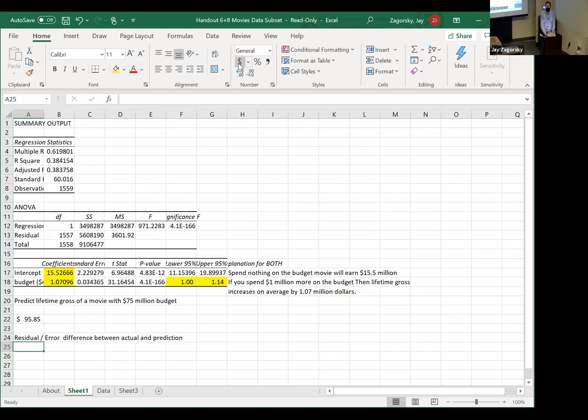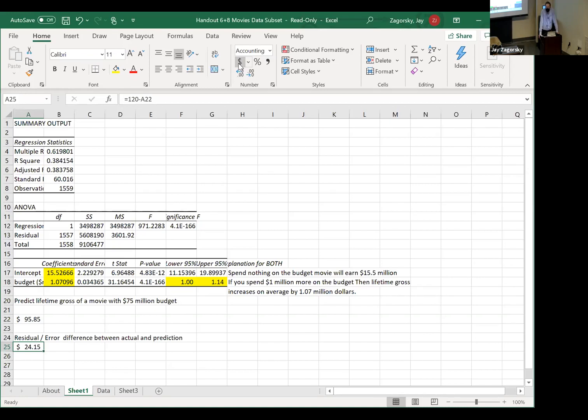So what's our residual? I got 24. All right, and how do we do that? I did 120 million minus 96 million. So we get a residual of 24 million. Did the model underpredict or overpredict lifetime gross?